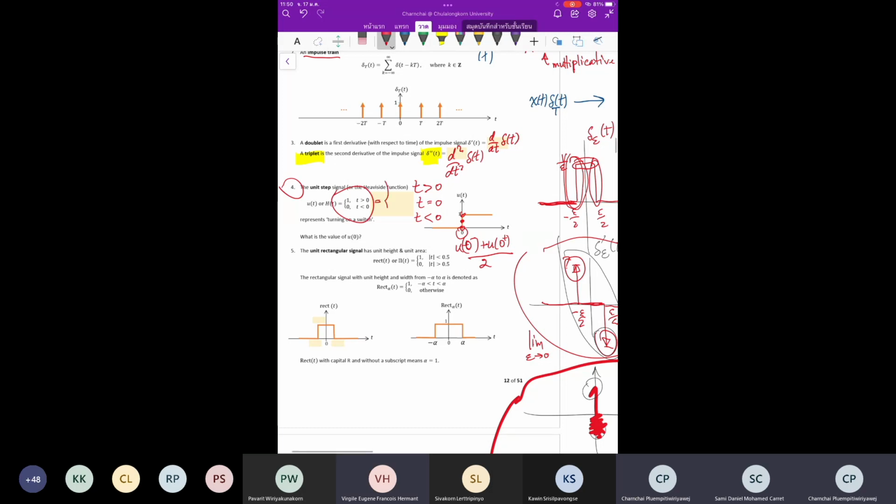Nowadays, most people prove that it is equal to 0.5. Thank you, that should answer the questions. If you listen until the end of the class, you should be able to do the quiz.